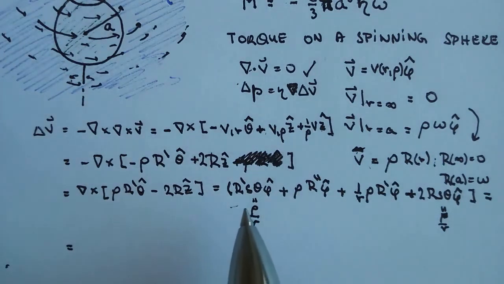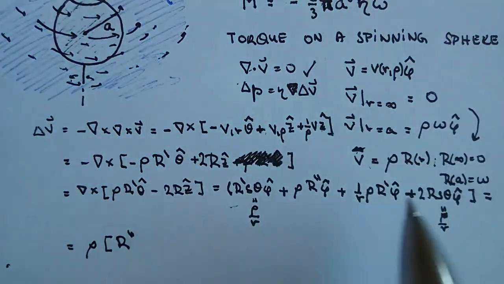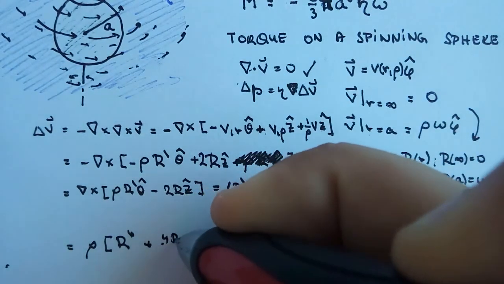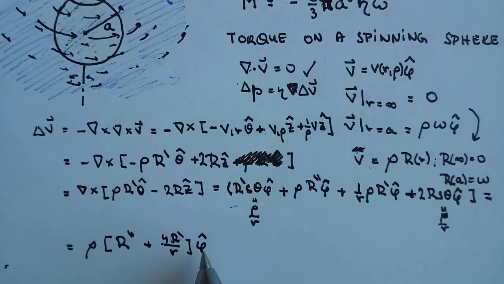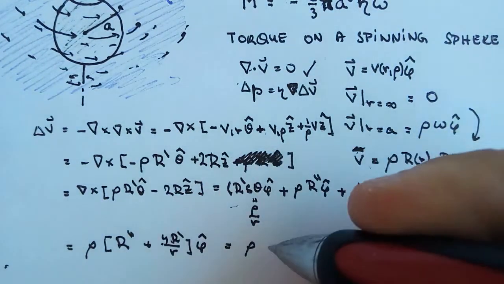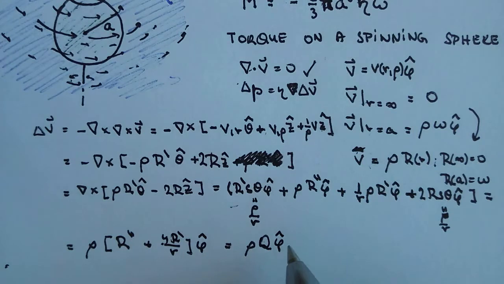That is going to be rho. We can take it before the bracket, and there is r double prime, and there is 1, 2, and 4 plus 4 r prime divided by r times theta times phi hat. I can write it like this: it's rho times some function q, for example, where q is a function of rho only.